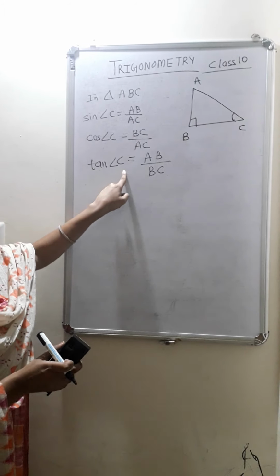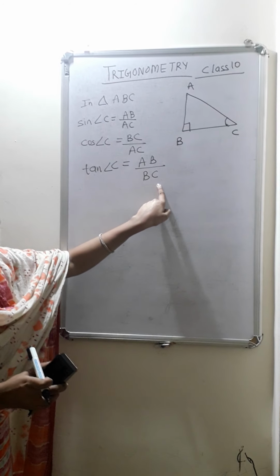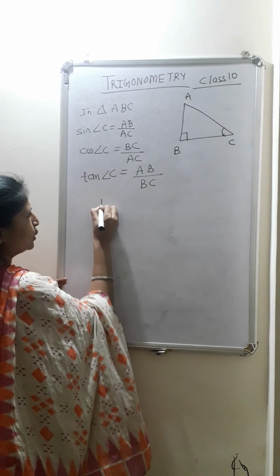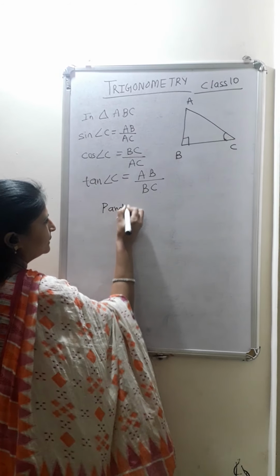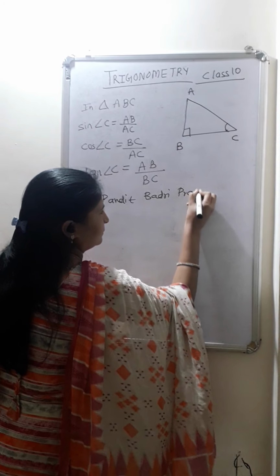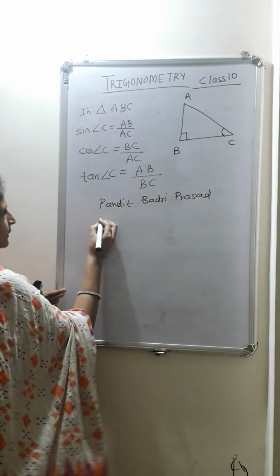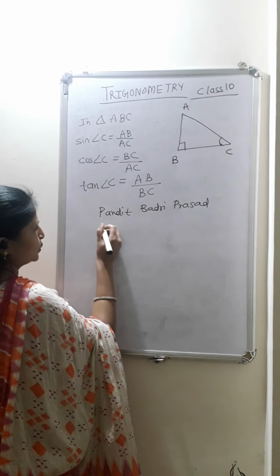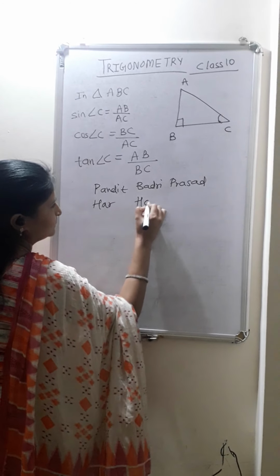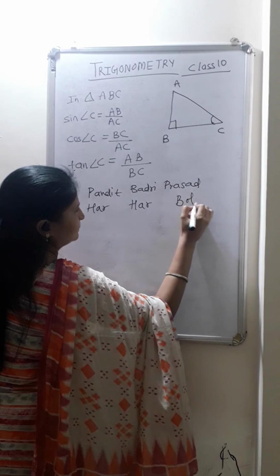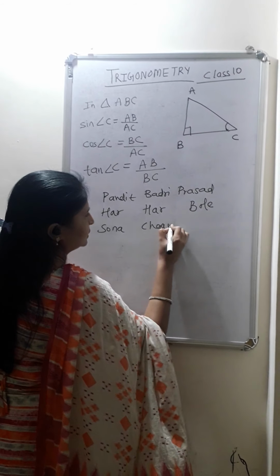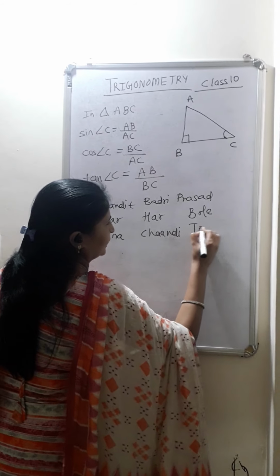Similarly, tan of angle C is perpendicular upon base. Now, with this, there is a popular mantra also, Pandit Badri Prasad. Using this, we can remember these trigonometric ratios also. Pandit Badri Prasad, Har Har Bole, सोना, चांदी, तोल.